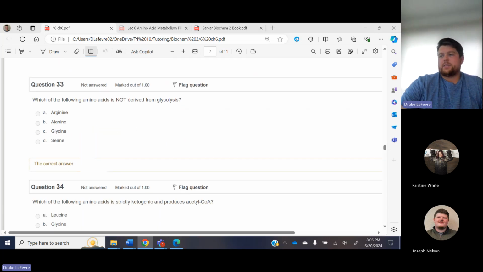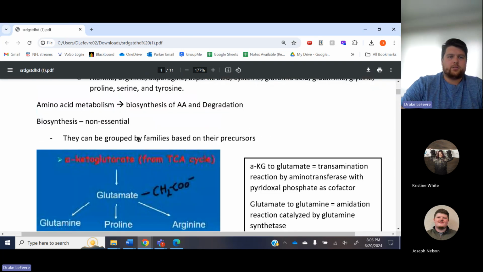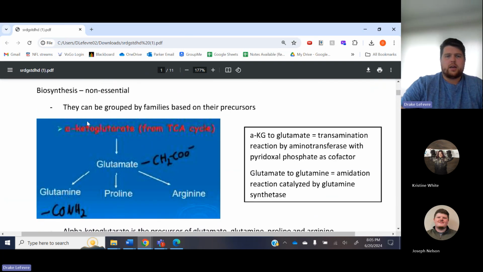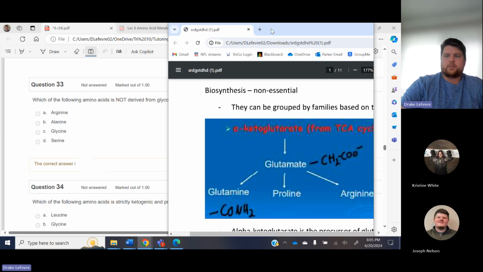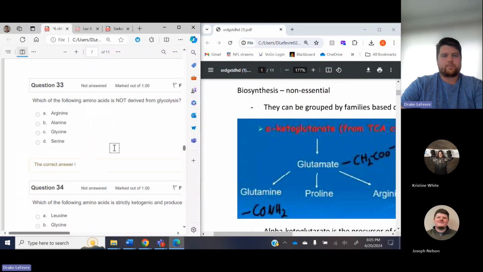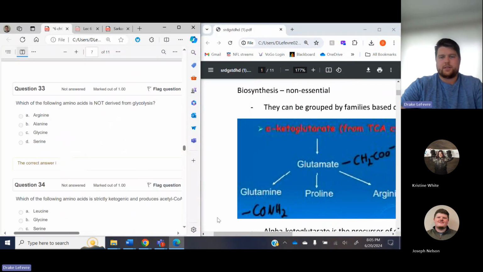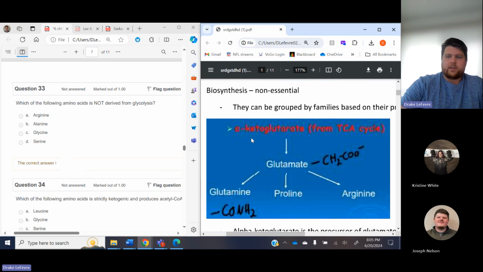Which of the following amino acids is not derived from glycolysis? We'll take a look at our little chart all through here. Alpha-ketoglutarate, let's split this right here. Not from glycolysis. Let's look. Alpha-ketoglutarate: arginine, proline, glutamine.